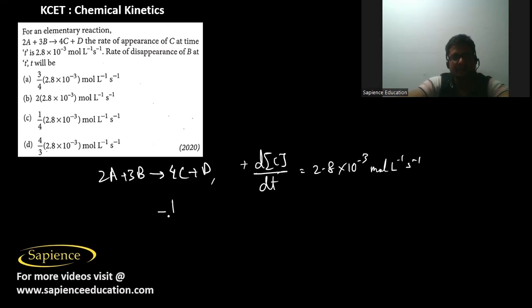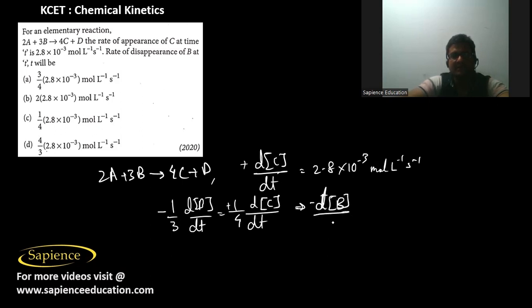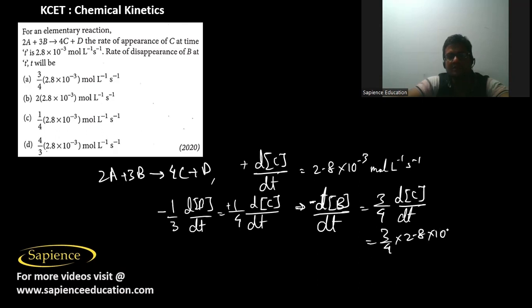Now 1 by 3 times the rate of disappearance of B equals 1 by 4 times the rate of appearance of C. So the rate of disappearance of B, minus dB by dt, will be equal to 3 by 4 times the rate of appearance of C. So that will be equal to 3 by 4 into 2.8 into 10 power minus 3 mole per liter per second. 4 sevens are 28, 7 threes are 21.